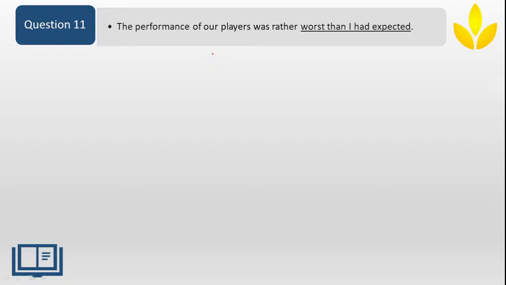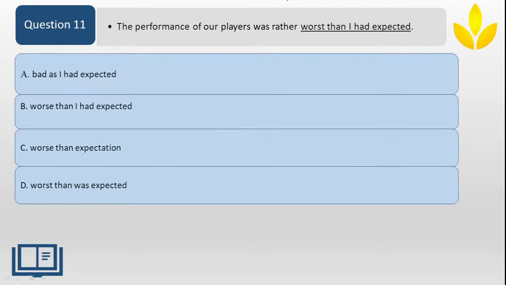Here they have mentioned past in the beginning; "was" is given to indicate the past. So comparatively worst, worse, what word can we use? If I am using "as," it should be "as bad as I imagined, I had expected" in this case.